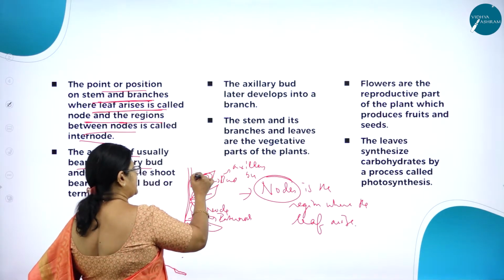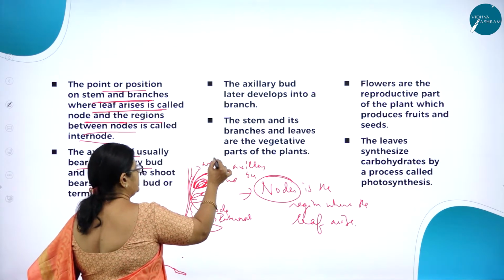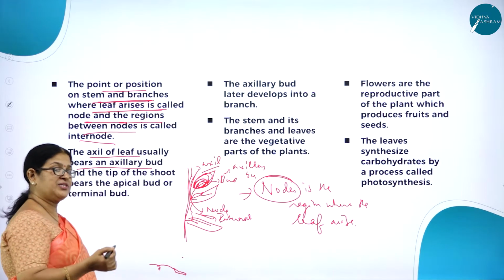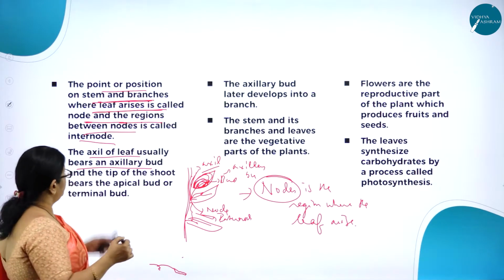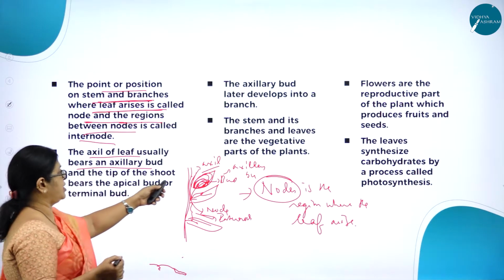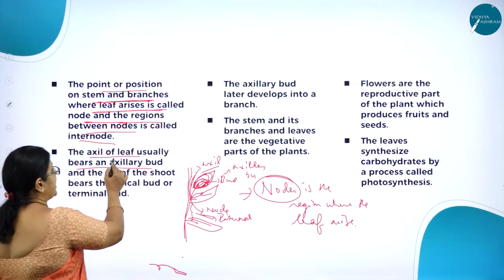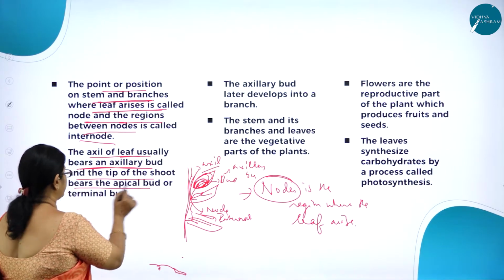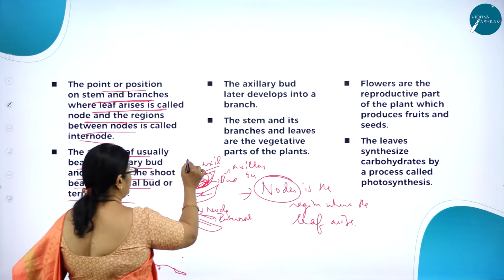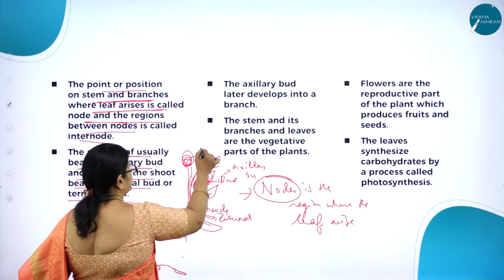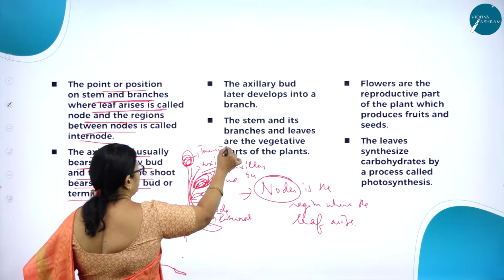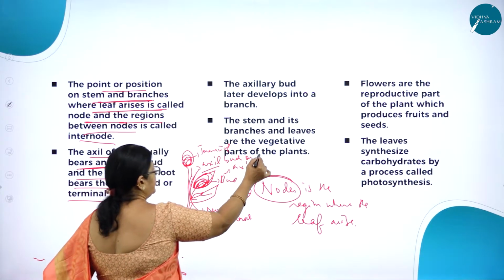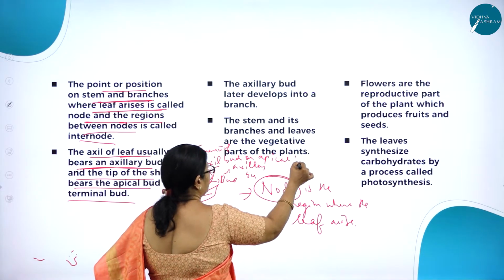The bud which arises from the axil of a leaf is called as what? It is called as axillary bud. The axil of a leaf usually bears an axillary bud, and the tip of the shoot bears the apical bud or terminal bud. For example, here if it is one bud, this is called as a terminal bud, or it is called as the apical bud.